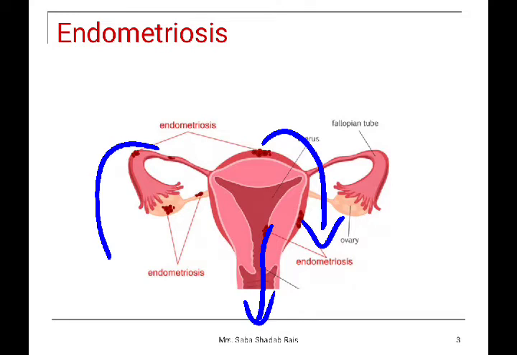And this endometriosis, which degenerates over a period of time, the scar tissue starts joining two organs. For example, if this endometrium is forming, this endometrial cell will proliferate and cause adhesion of the organs.